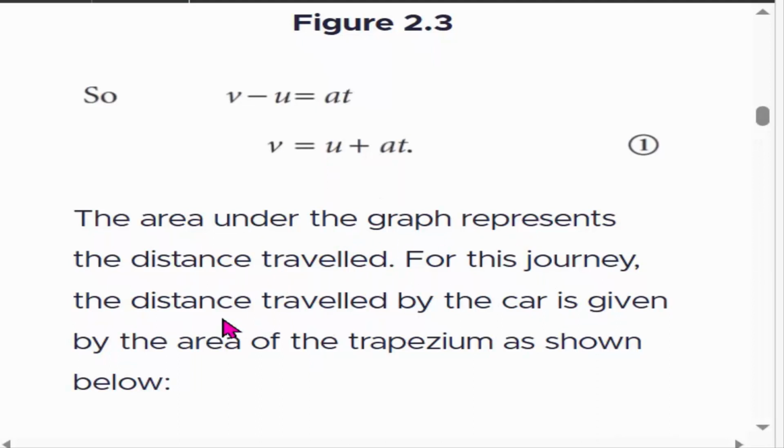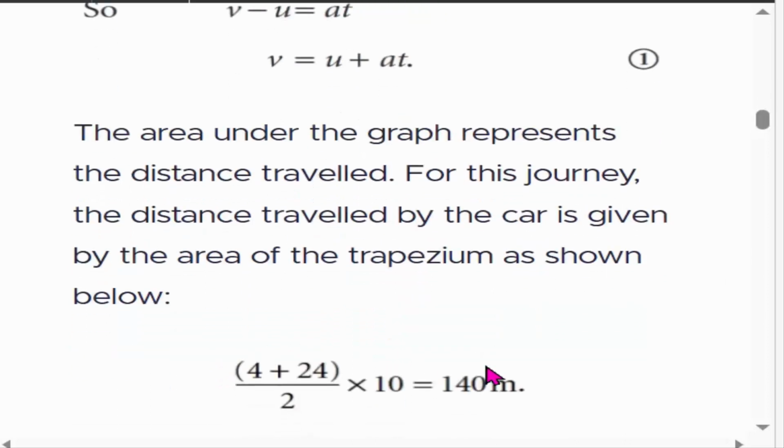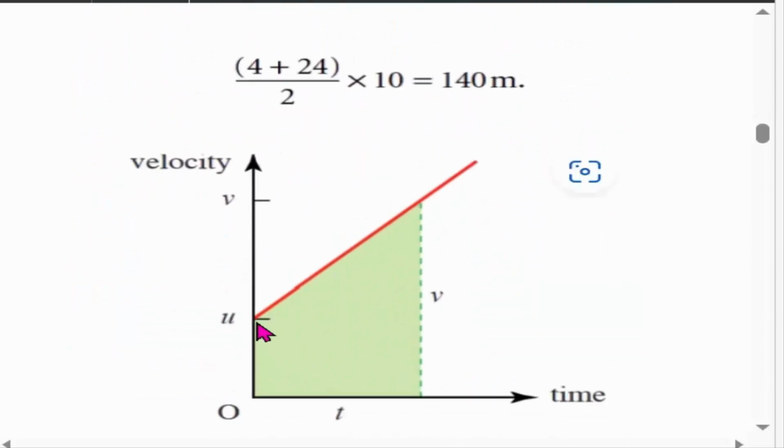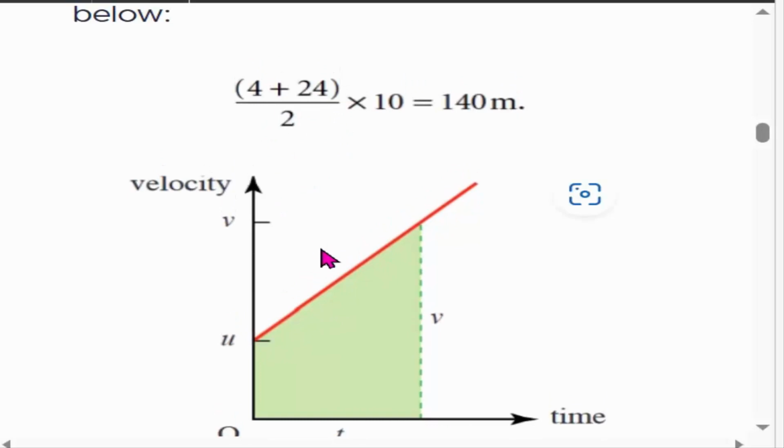The area under the graph represents the distance traveled. For this journey, the distance traveled by the car is given by the area of the trapezium as shown below. The car accelerates from u to v, and the area under the graph is this trapezium. The height here is 4: at the beginning the velocity is 4, and after 10 seconds the velocity is 24.